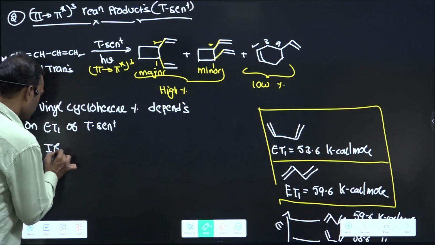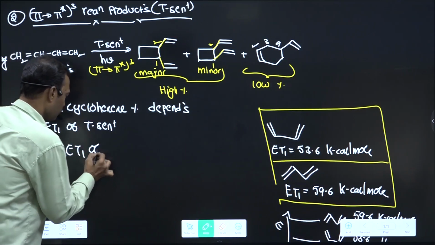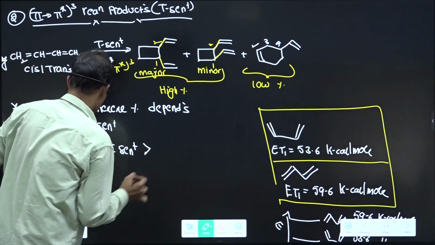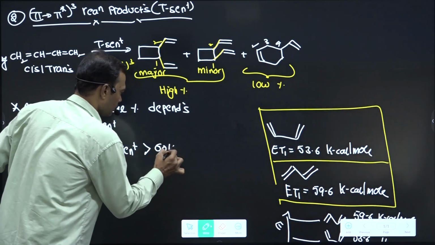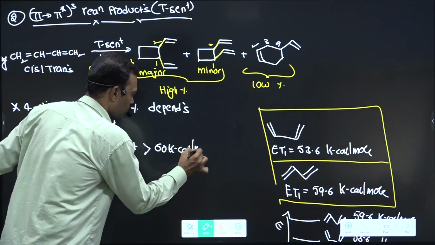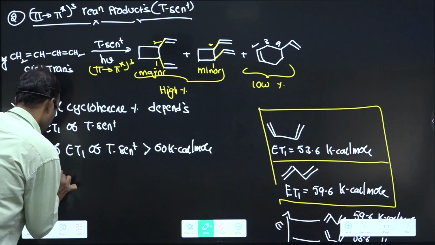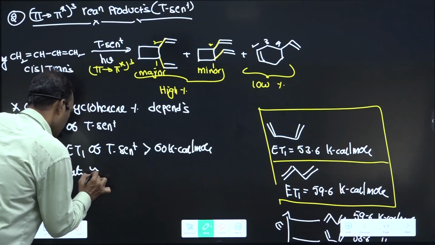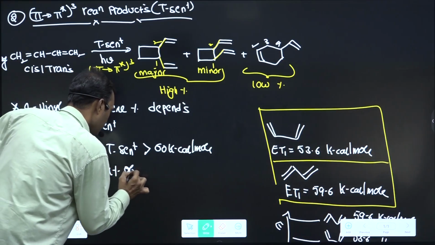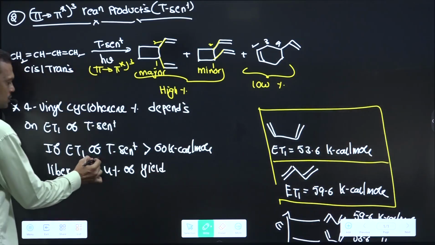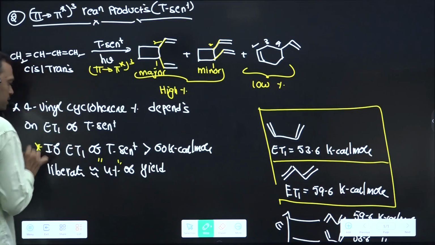In that first case, if the ET1 of the triplet sensitizer is greater than 60 kilocalorie per mole, it liberates approximately 4% yield. Maximum 4, a very low percentage.